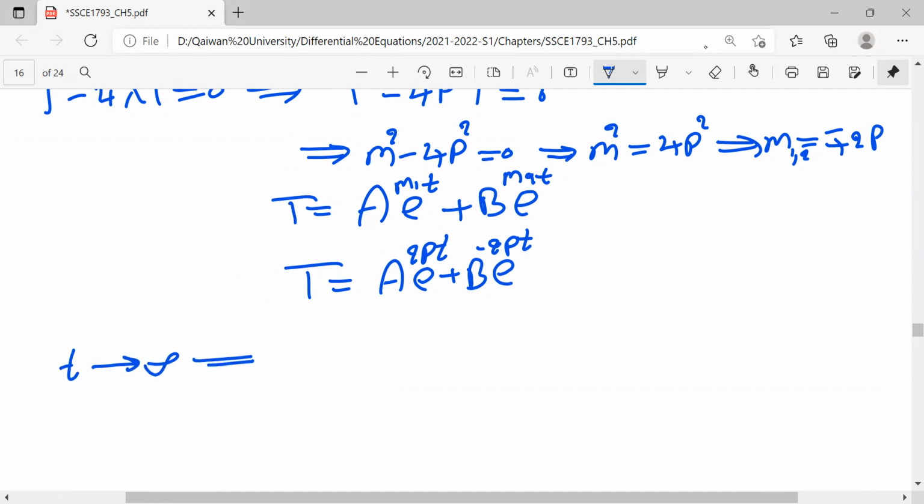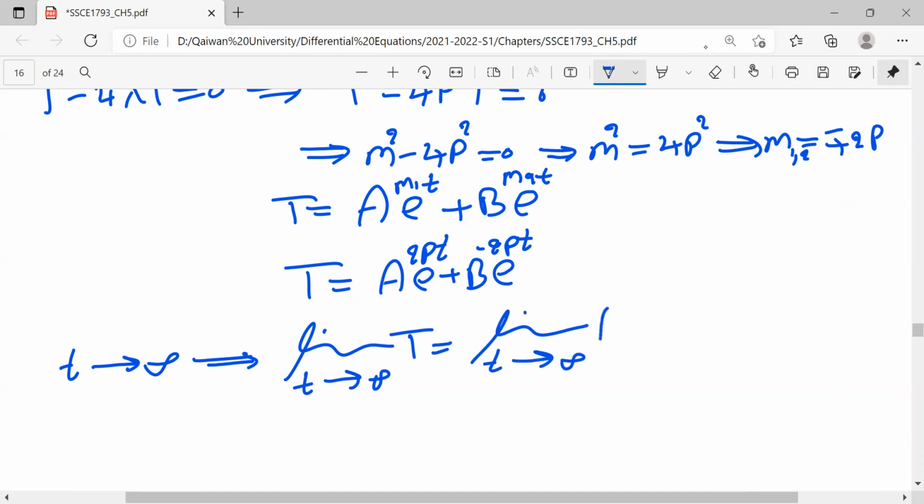We get that the limit as t approaches infinity of capital T equals the limit as t approaches infinity of a e to the power 2p times t plus b over e to the power 2pt.